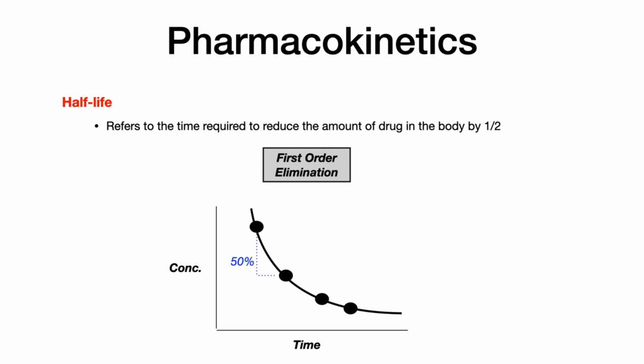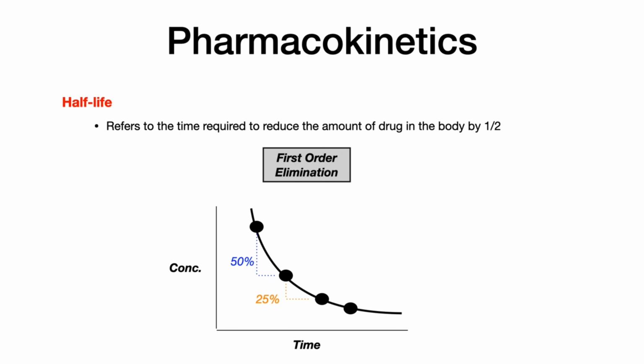Well, at some time in the future, you're going to go through the second half-life. You've already reduced the drug amount by 50%, which means now you have 50% of the original amount left. This means that on the next half-life, you're going to reduce the amount of drug in the body by 25%.